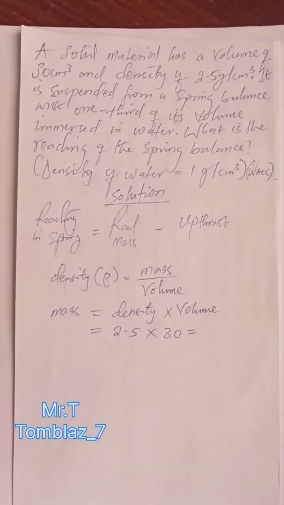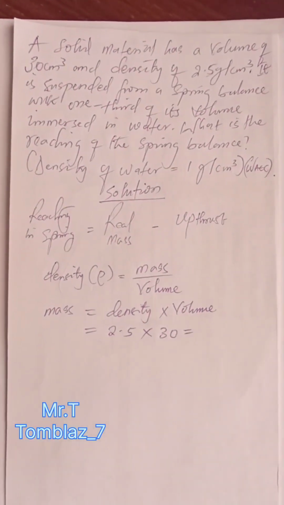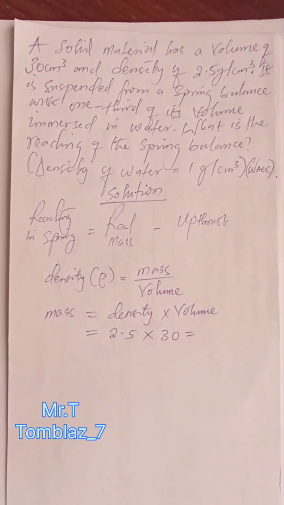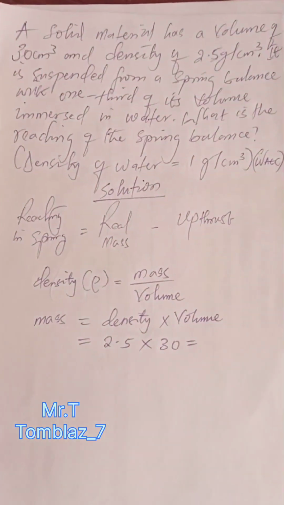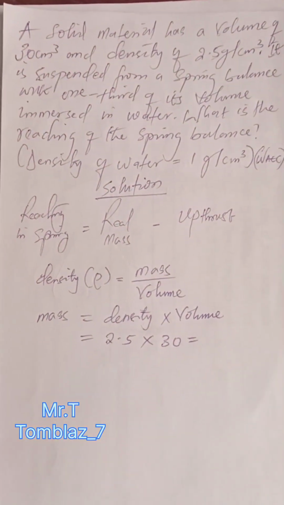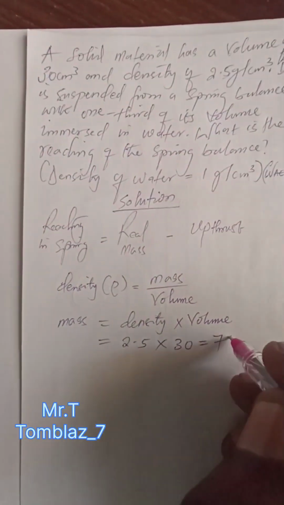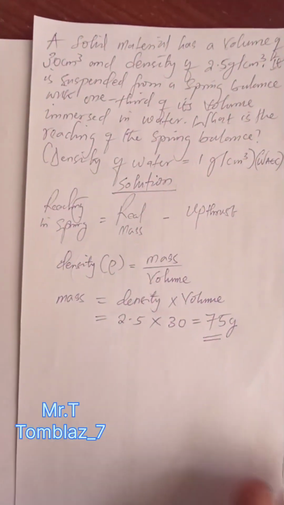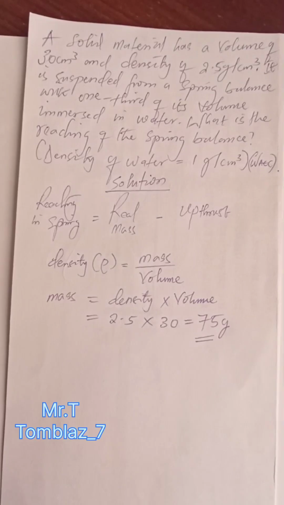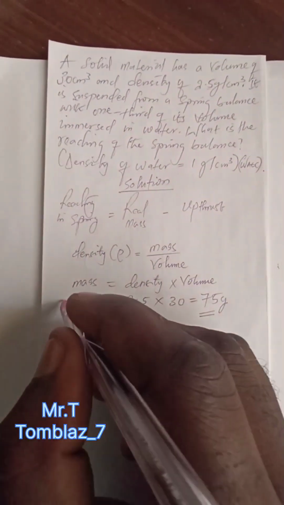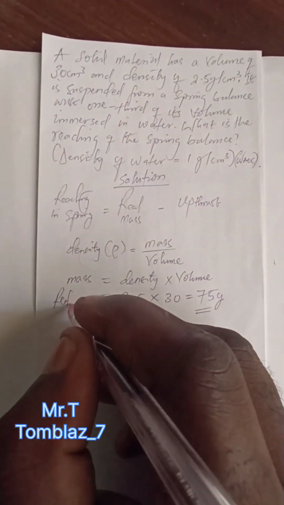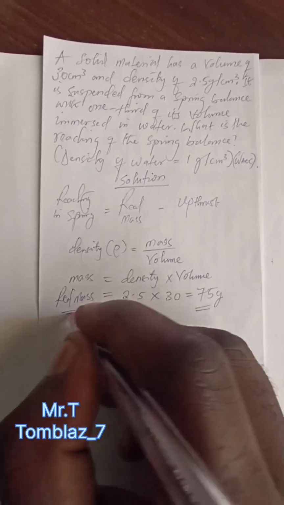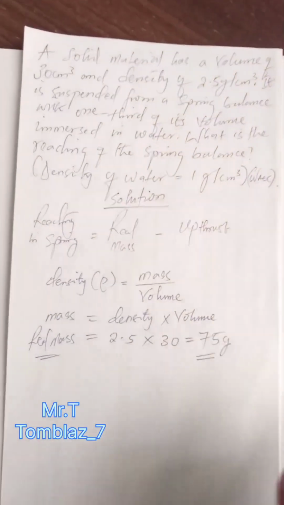Calculator. Alright, 30 times 2.5 is going to give us 75. So we have 75 grams. Okay, so we have gotten the real mass of the object, of that solid material.